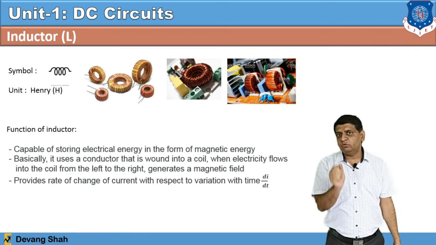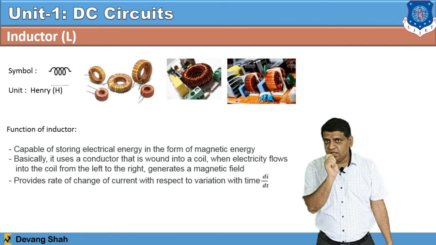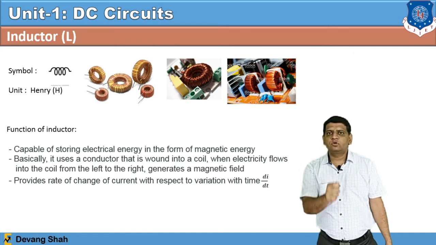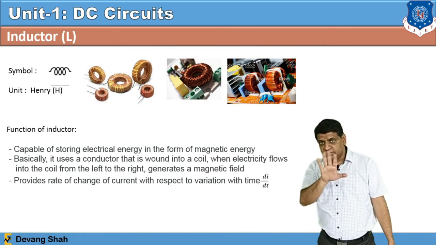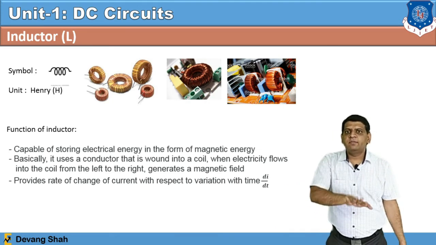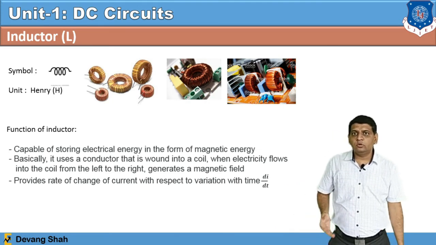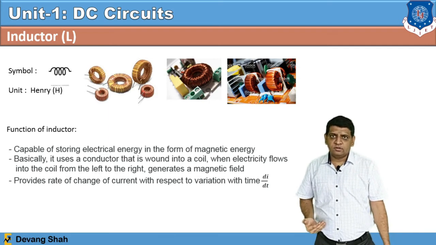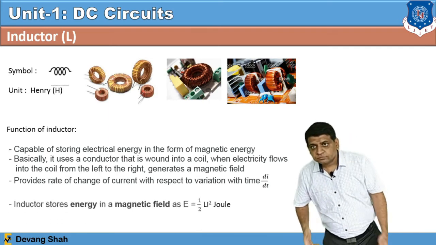So the inductor gives you a very effective factor called di by dt. The capacitor gives you dV by dt, and the inductor gives you di by dt. Those two terms we are going to use in our further circuitry, right?